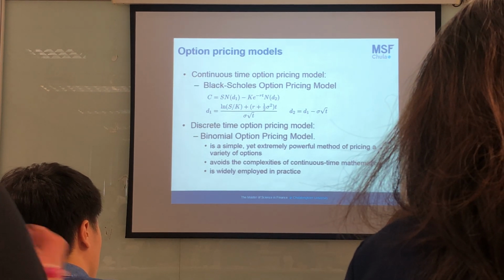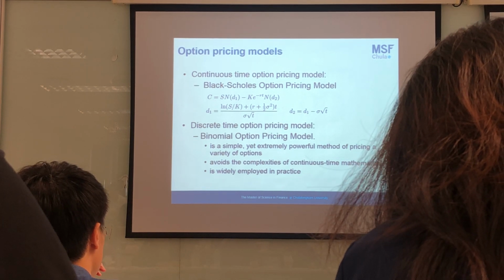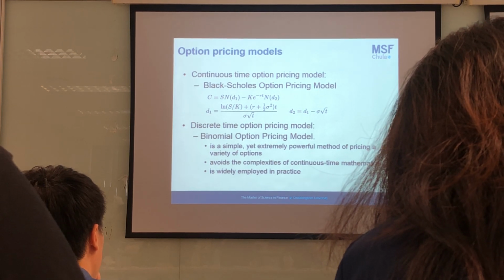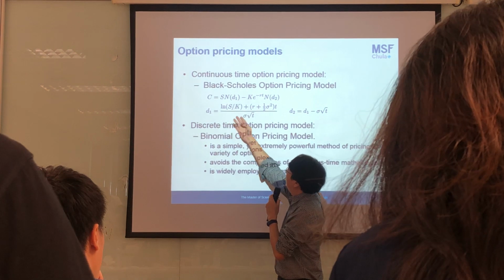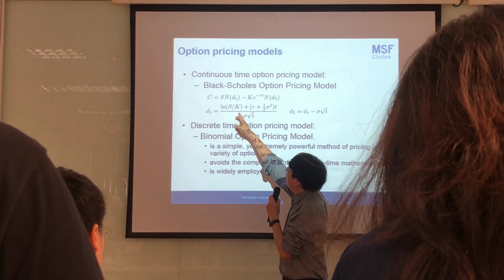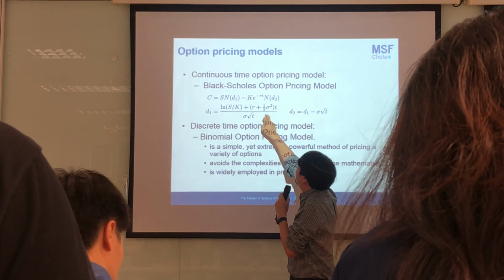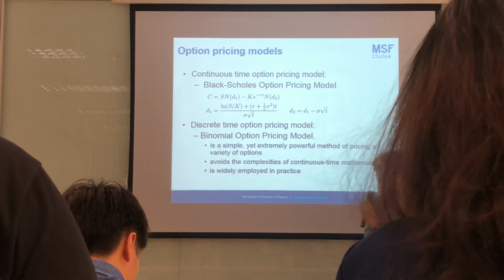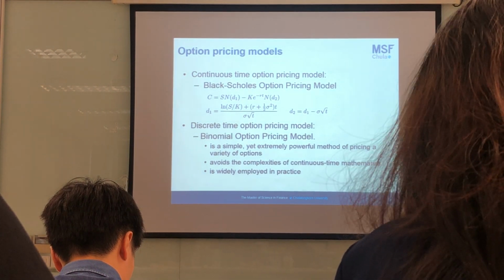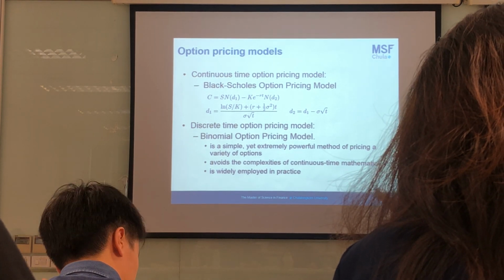So S is the current value of the underlying asset, the stock price, multiplied by the cumulative normal distribution N(d1), and d1 equals this formula. S is the current value of the stock price, K is the exercise price, the strike price, plus r, the risk-free rate, plus 1/2 the variance of the stock return, sigma squared, multiplied by T, the time to expiration of this option.